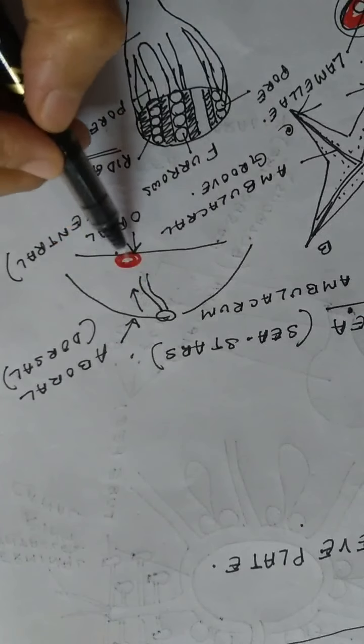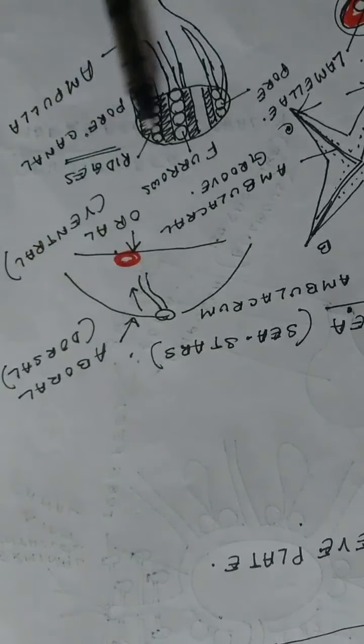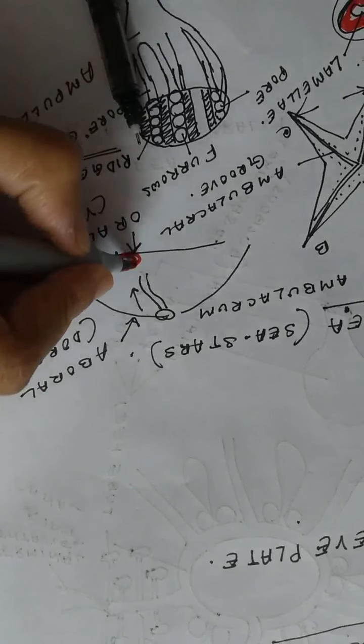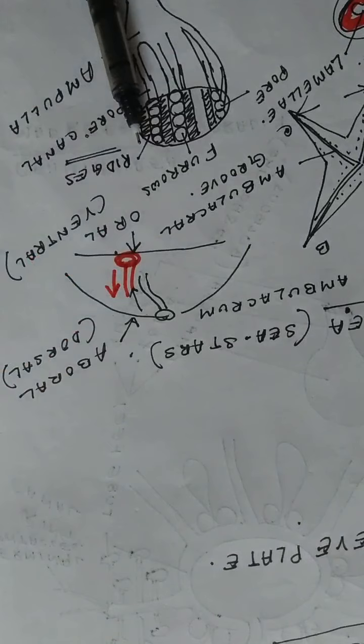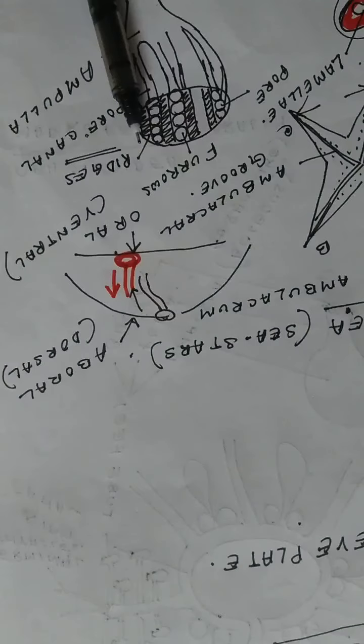It is located on the oral surface, just opposite to that of the Asteroidea. So it will ascend and then connect to the ring canal.